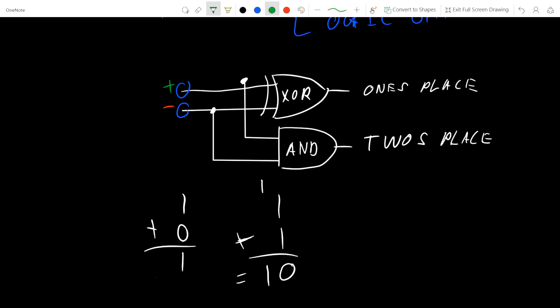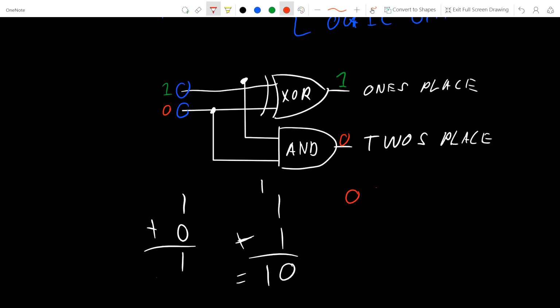So, how does that work in our logic gate system? Well, let's imagine our numbers as these signals. Adding a 1 to a 0 is really just adding a plus to a minus, right? So, we can say the 1's place is going to be a 1, or just a positive, right?